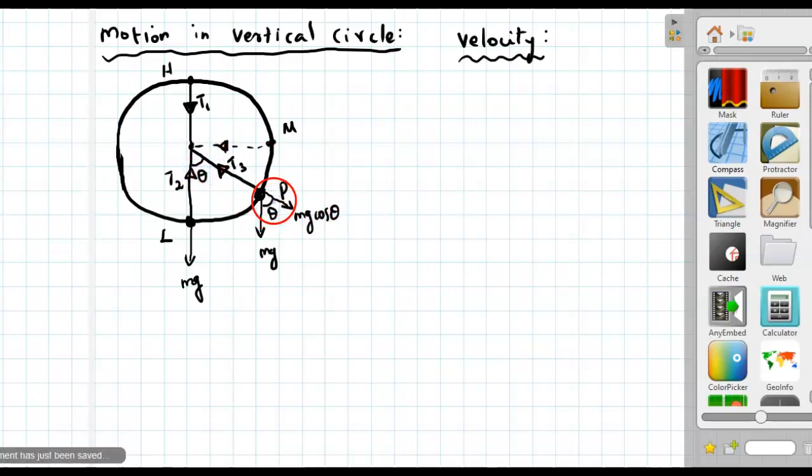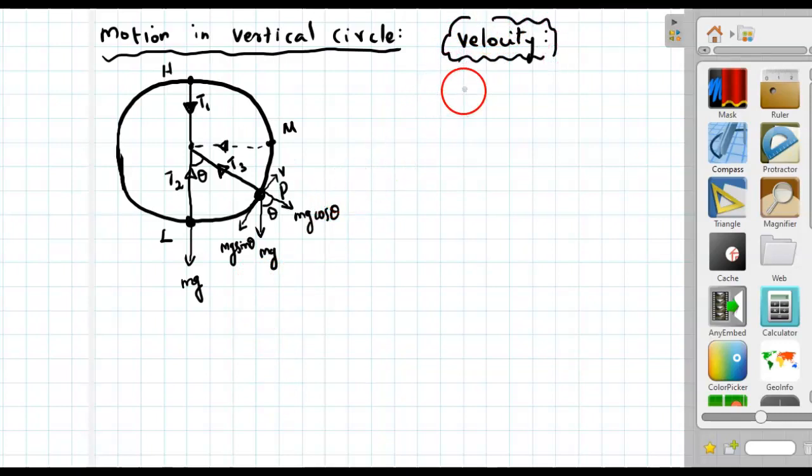And here is the vertical component, mg sin theta. The velocity of the body at the point P is v. So we are going to derive an expression for velocity.